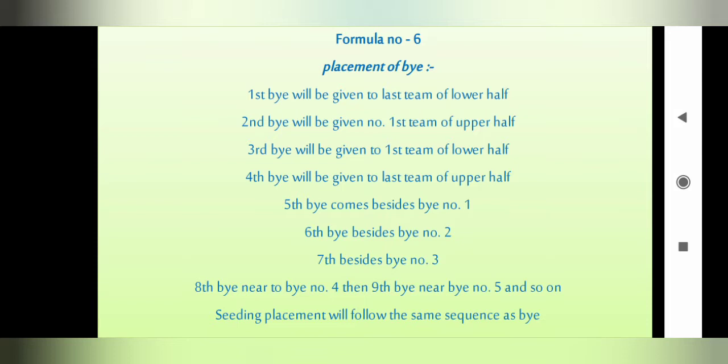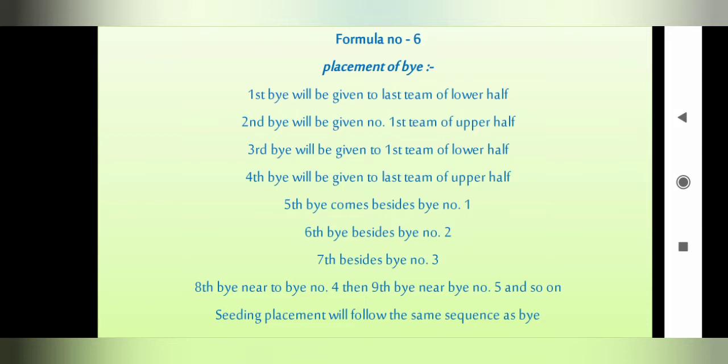Okay class. And the fifth bye comes beside bye number 1, the sixth bye beside bye number 2, the seventh bye beside bye number 3, the eighth bye near bye number 4, the ninth bye near bye number 5, and so on.